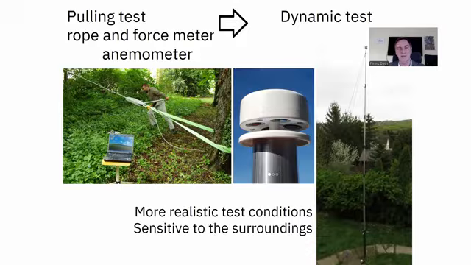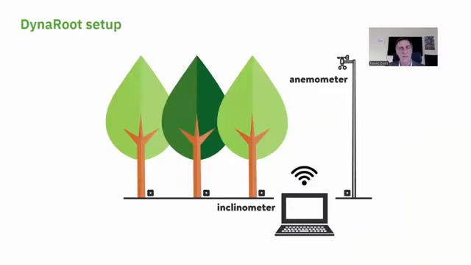Instead of ropes and winch, we are using an anemometer placed at 10-meter height on an anemometer pole. This is a more realistic test condition and sensitive to the surroundings. So it looks like many benefits, but it can also be a drawback, as you will see later.